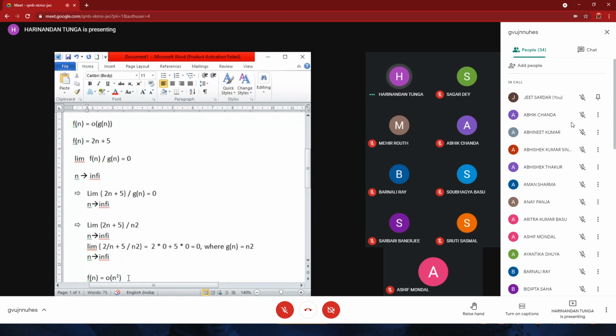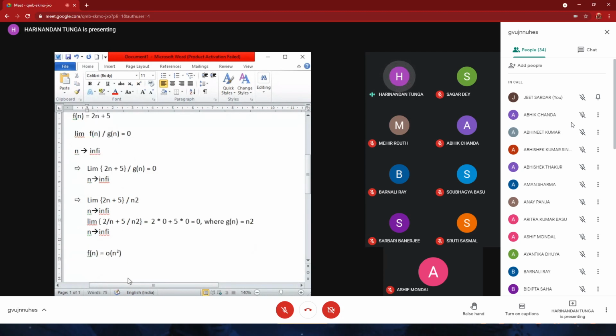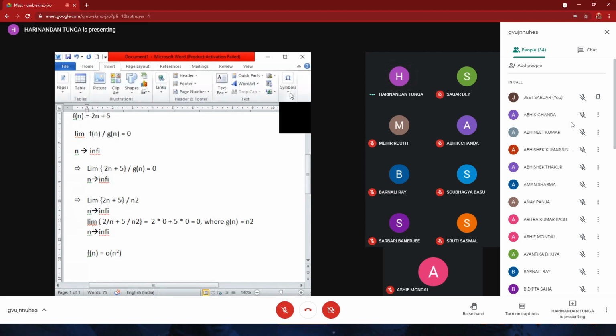Similarly, another asymptotic notation is there, little omega. তোমরা দেখবে little omega, this symbol is actually for little omega.